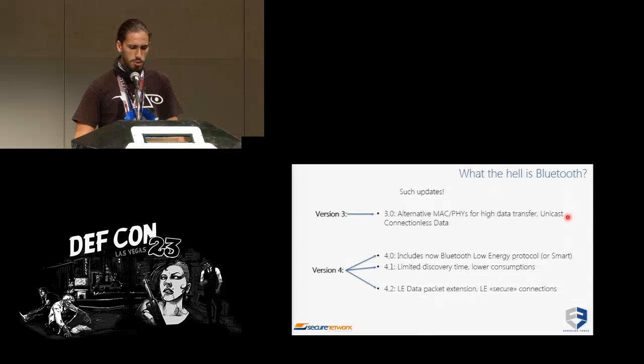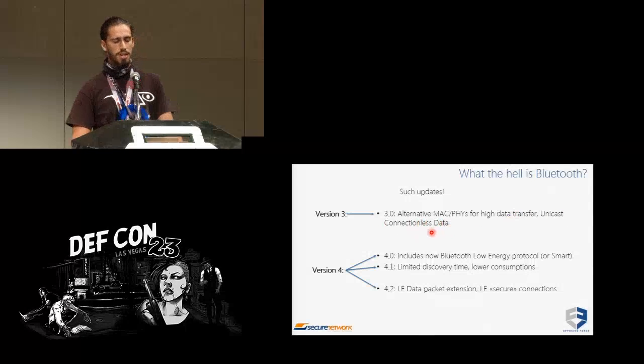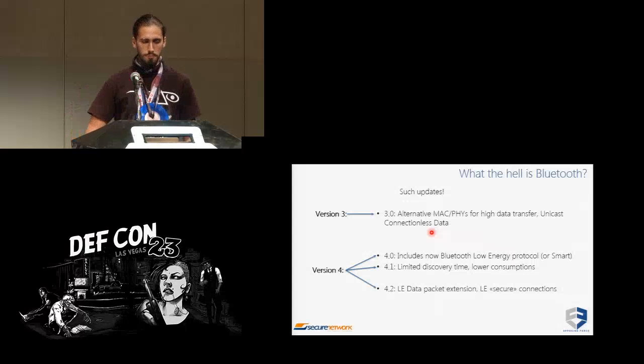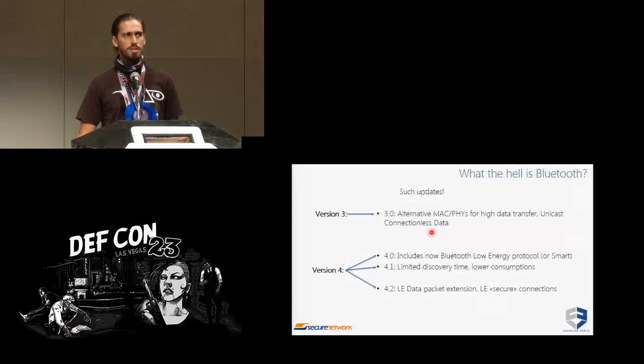And unicast connectionless data was an update for the use of Bluetooth, for example, in museums, in places where you need to send little pieces of data to some devices. This was done bypassing the whole connection procedure between two devices, just sending little pieces of information.